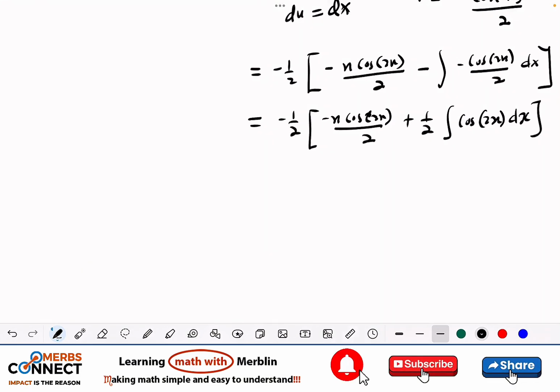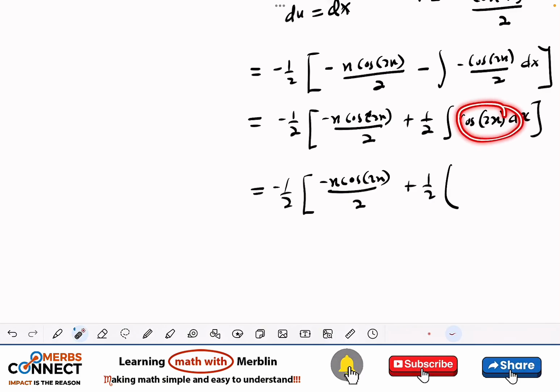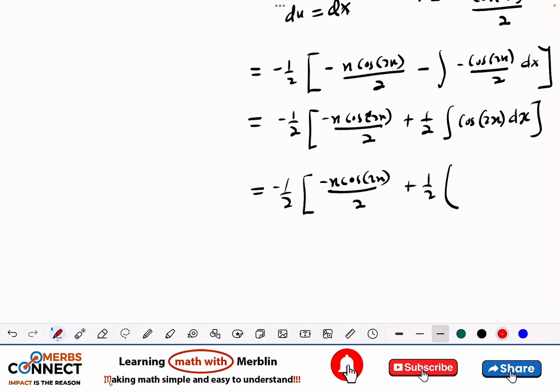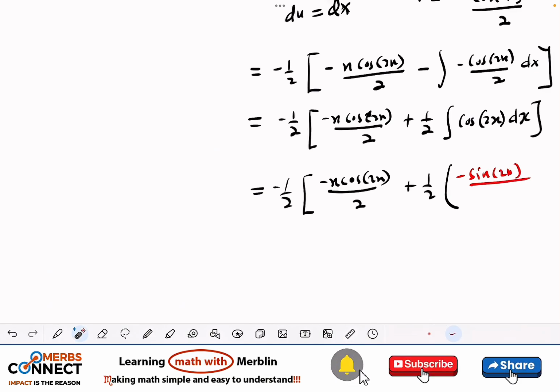So let's do the integration now. Minus x cos 2x divided by 2 plus 1 over 2. Now when I integrate this, we know that when I integrate cos, I get sin. Then I divide it by what I get when I differentiate what is inside the parentheses there.